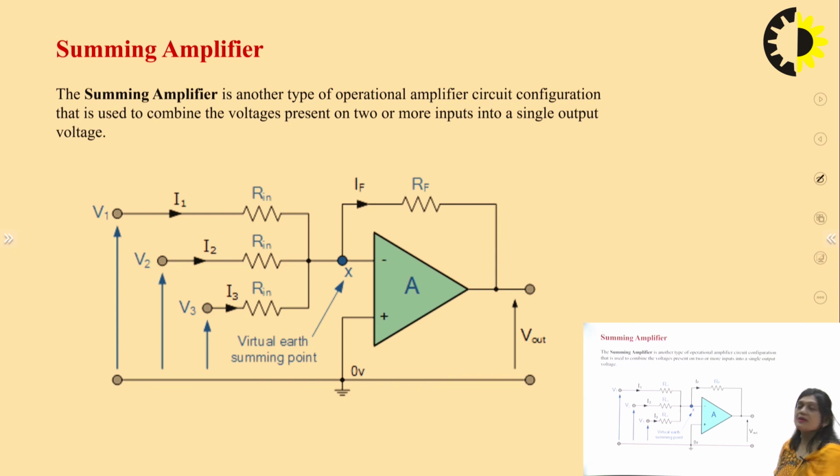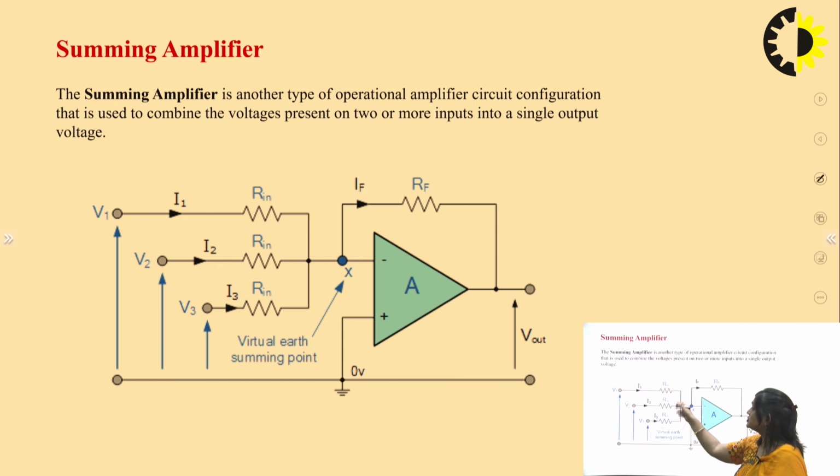After that, the summing amplifier is there. In the summing amplifier, we can see the inverting terminal is used, and this is basically the inverting adder, or inverting summing amplifier. We have applied 3 voltages V1, V2 and V3 here. All these voltages will be added at the output terminal, and this positive terminal is grounded.